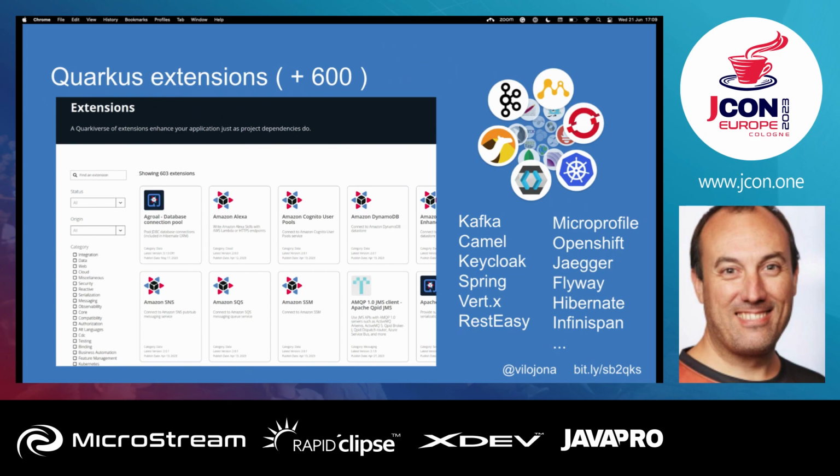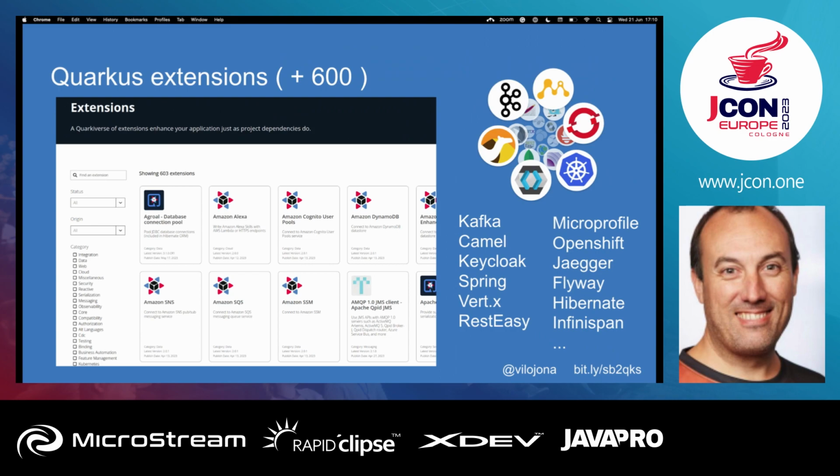And they have tons of extensions. Tons, I mean more than 600 extensions. An extension is basically a library that you are using, optimized to be used by Quarkus. So it's hard that you are not going to find the library that you're using in the list that they are supporting. Kafka, Camel, Keycloak, Microprofile, OpenShift, well, you name it, Flyway, Hibernate, up to more than 600.